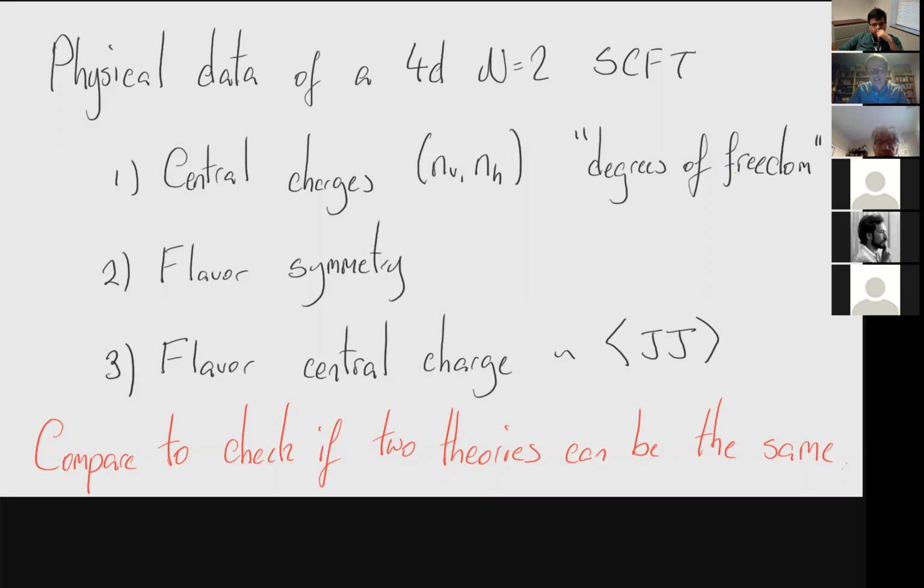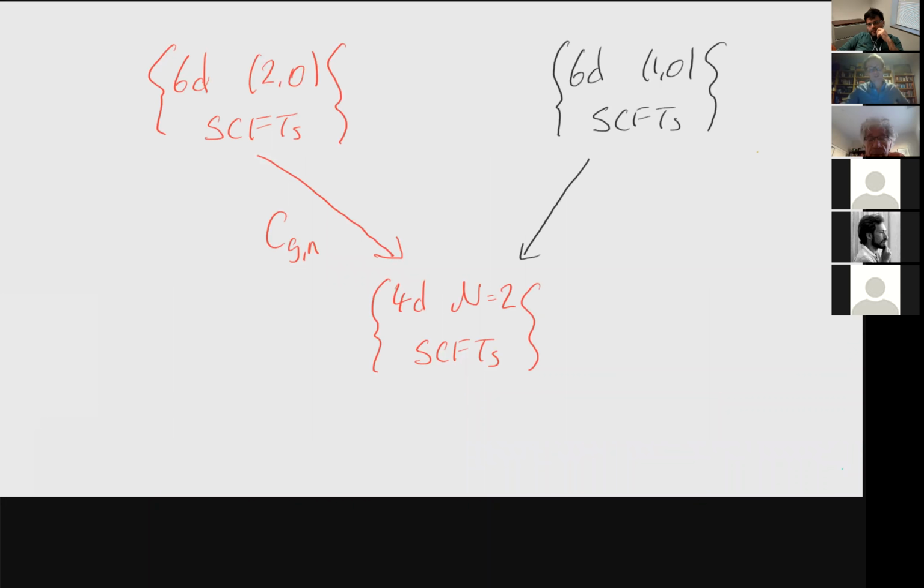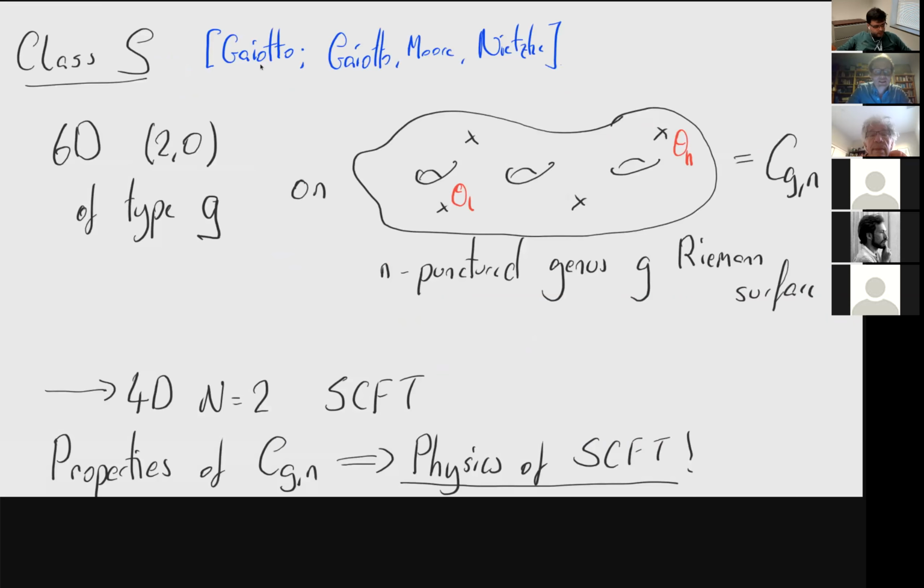So two theories can be the same theory if they have similar physical data, is what I wanted to emphasize. The first thing I have to tell you about is the first side of this little triangle here, which is the most developed side, I would say. And this is the class S construction. This goes back to, I think, 2008 or 2009, by Gaiotto and papers by Gaiotto-Moore-Neitzke.